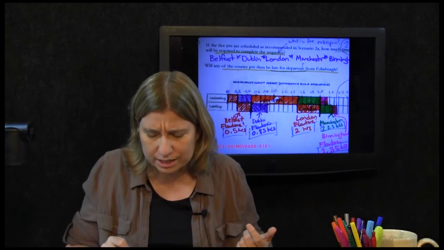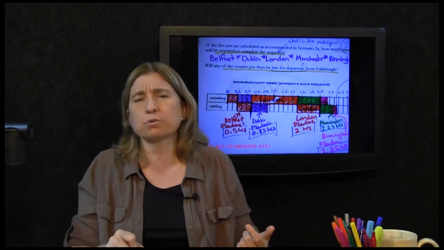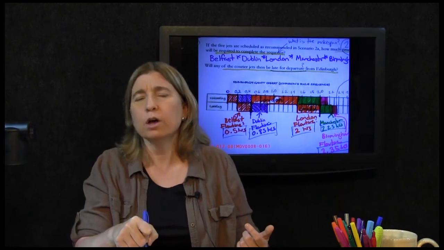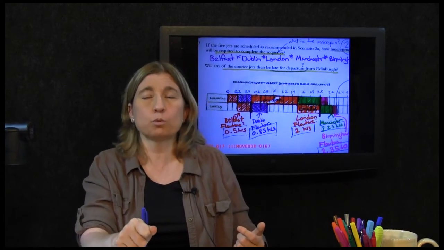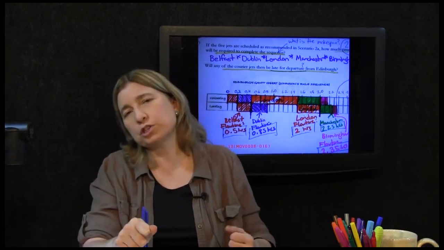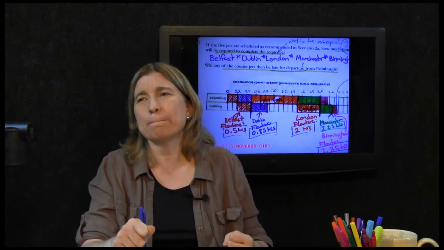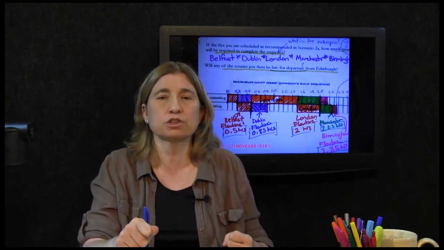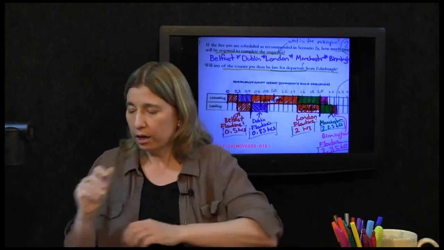For instance, the scheduled departure time for Belfast right now is 1.0. The scheduled departure time is 1 hour from now. The question is, will any of the jets be late? The best way to answer that is to just check each jet.